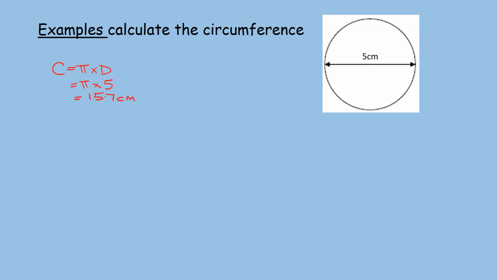So let's look at our next example. So again, we've got C, circumference is equal to pi times D, and so we've got pi multiplied by 8.